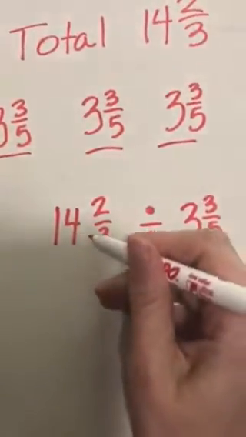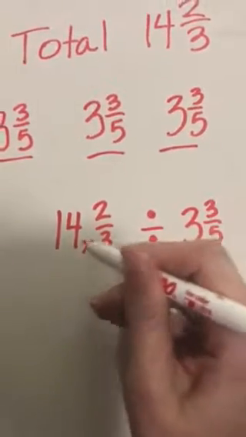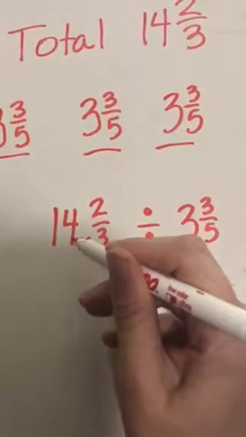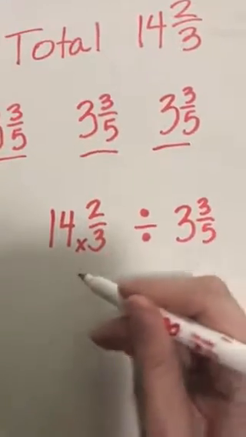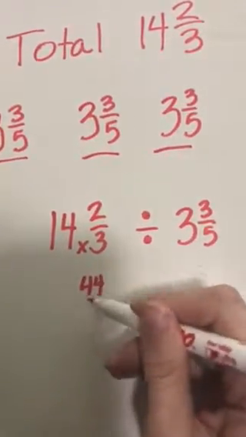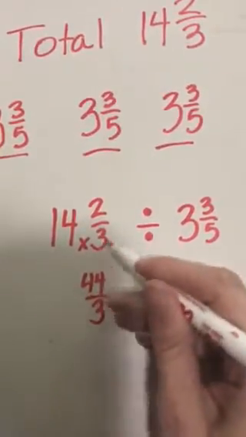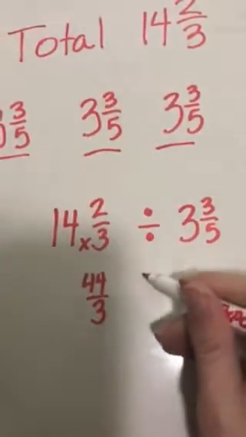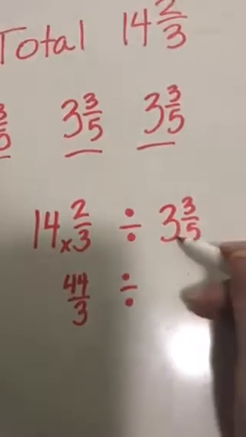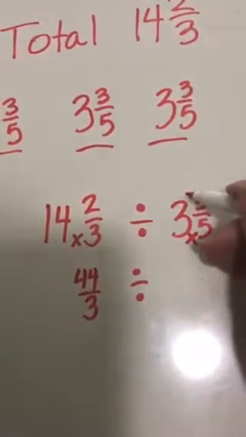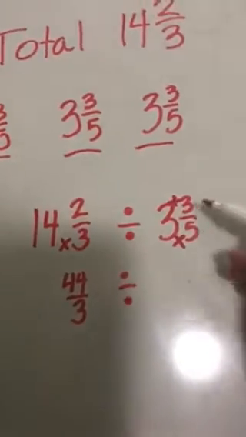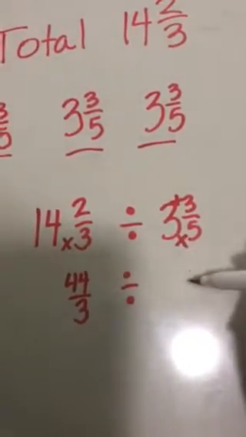So 14 times 3 is 42, plus 2 is 44. So 44, keep the denominator 3, divided by 3 3/5. So we multiply 5 times 3 and add 3 to get the numerator of our improper fraction.